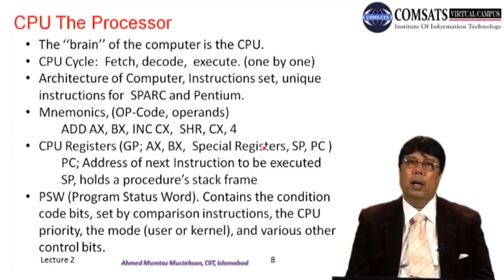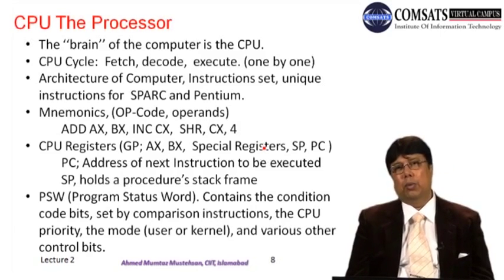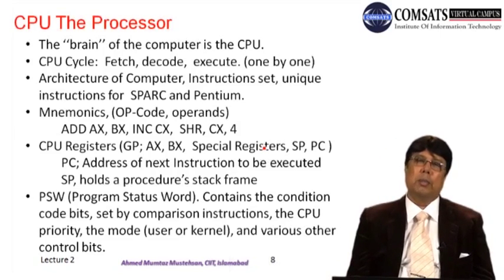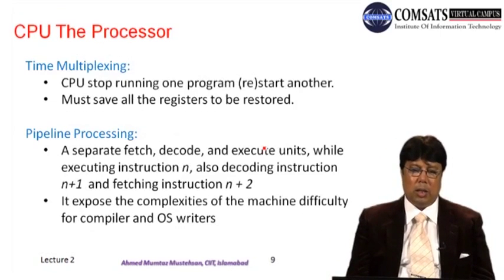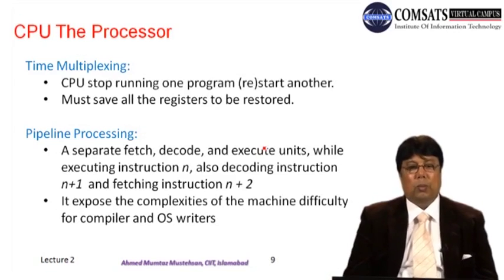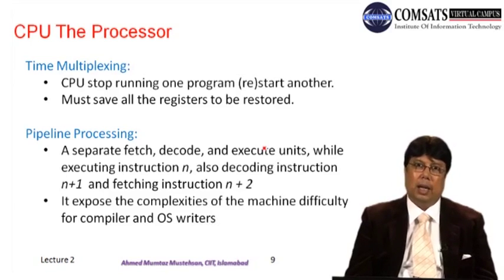So basically, PSW contains the status, and with the help of those status bits, the user finds out what has happened and what are the results of the instruction previously executed by the CPU. CPU basically is looked at as an abstraction of the operating system as a time multiplexing.